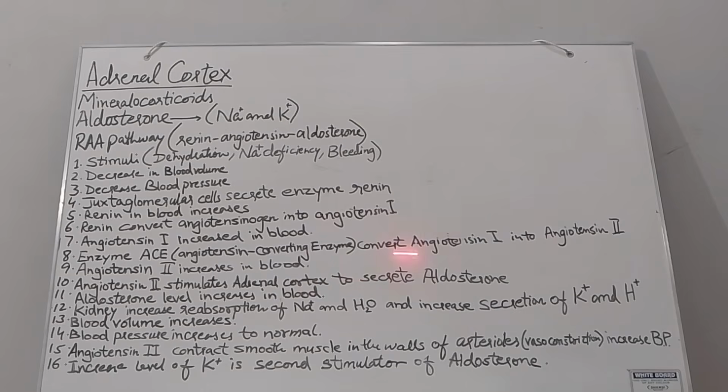After this step, angiotensin 2 will increase in the blood, and this angiotensin 2 will act as a stimulus and stimulate the adrenal cortex to secrete aldosterone. After this step, aldosterone will increase in the blood.